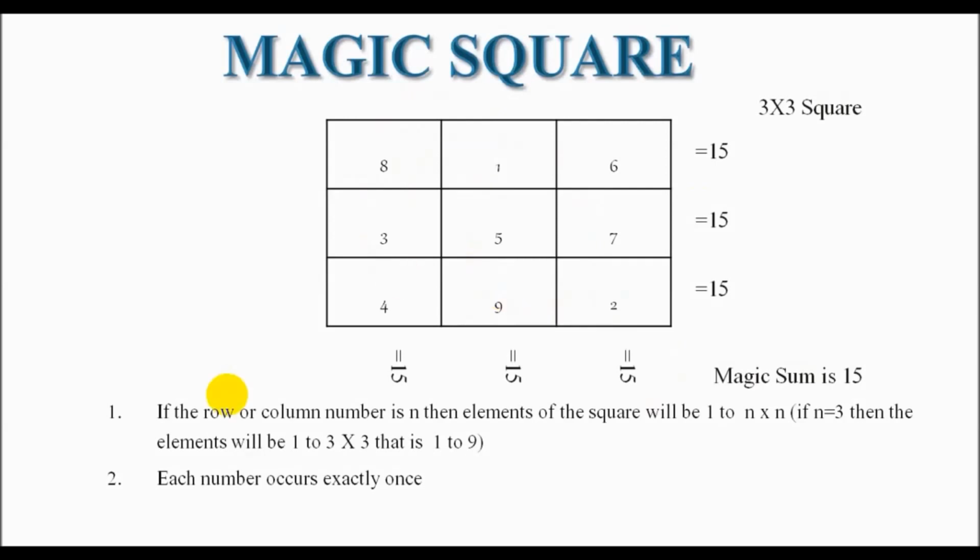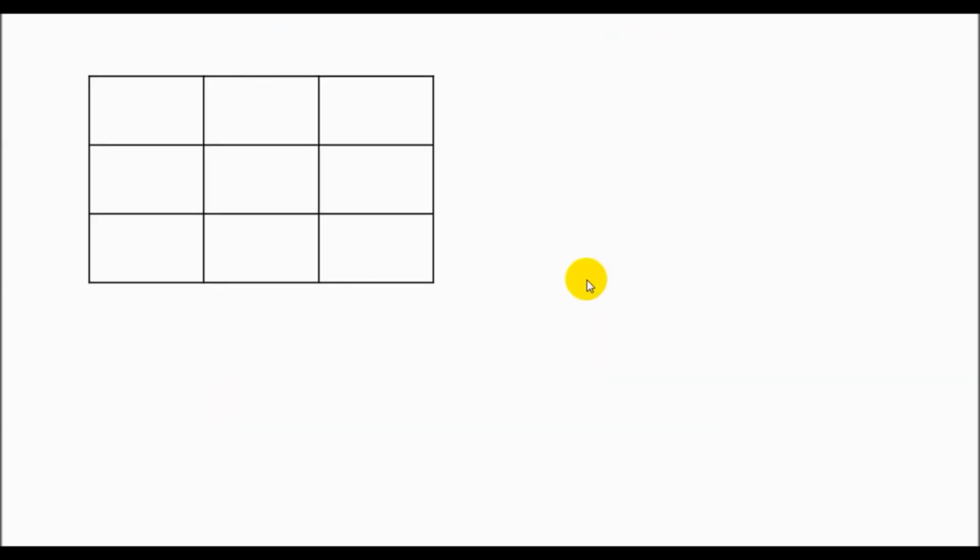Now I guess it's clear to you what a magic square is. And now I'm going to show you how to make it. There are many ways to make a magic square. I'm just showing one of them here. This way can only be applied when the value of n is an odd number. That means you can make a 3x3 or a 5x5 or a 9x9 magic square in this way.